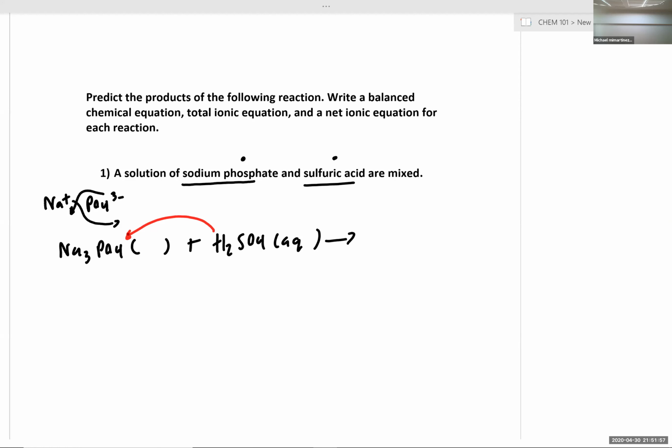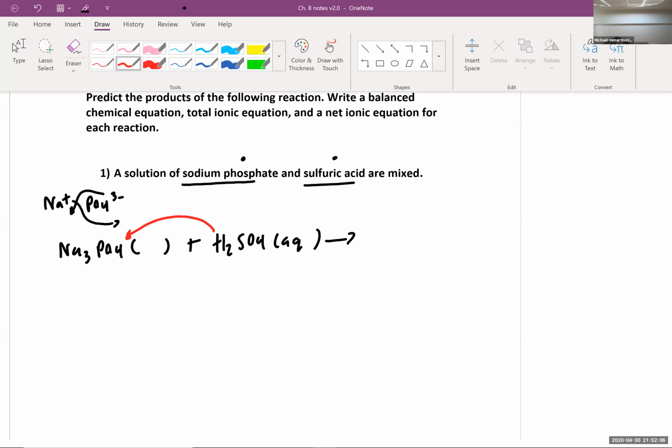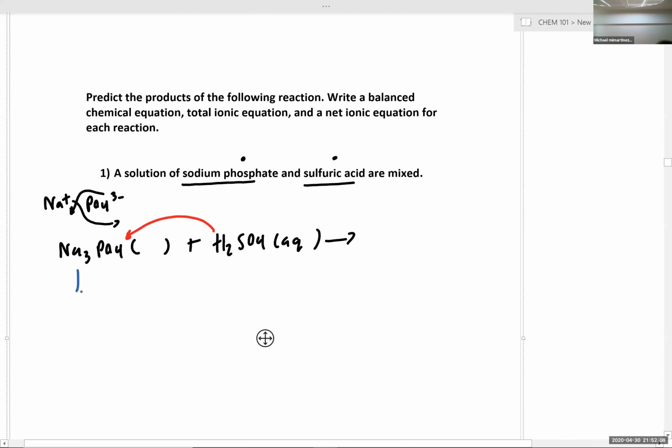Yep, I'm seeing some reasonable responses so far for our predicted products. So again, for our proton transfer, I like to think of acid bases as just fancy precipitation or exchange-like reactions. So what I'm going to do is swap my cations, and then write the formulas of my new compounds after swapping my cation.